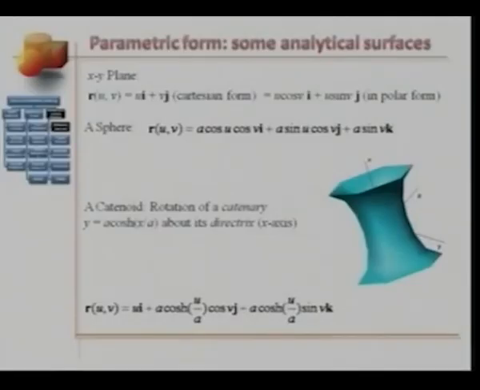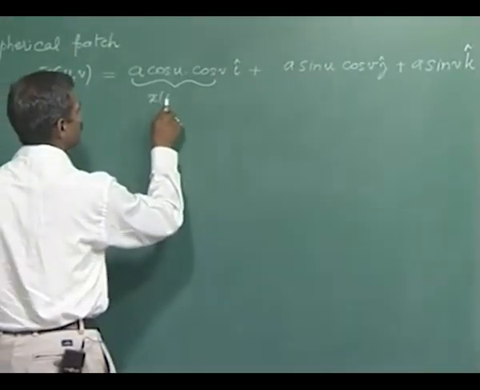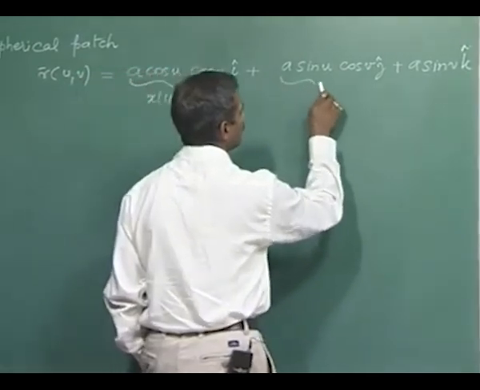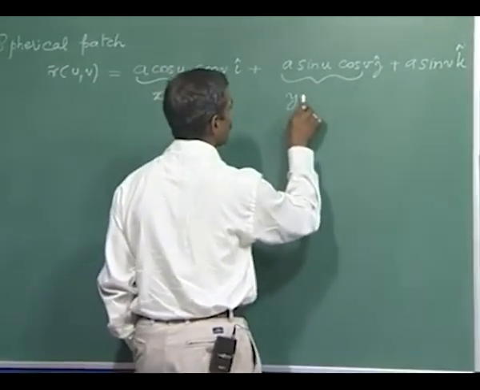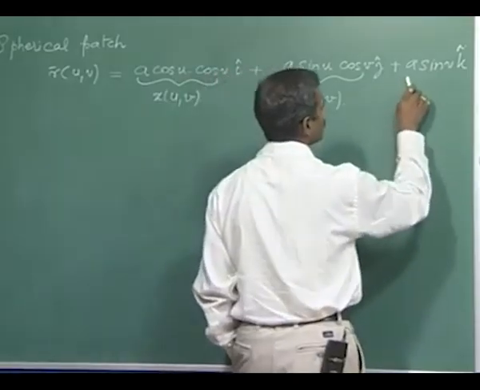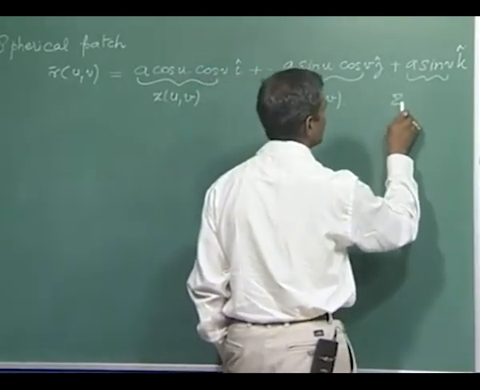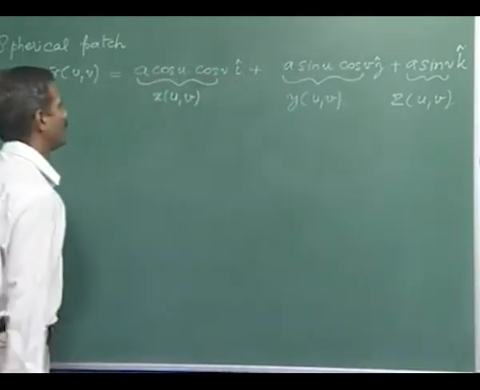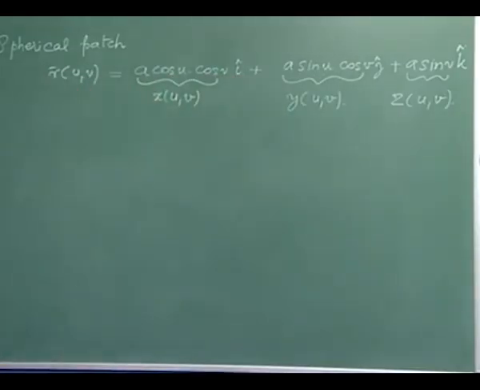So this is x(u,v), this is the scalar field y(u,v), and this one here is z(u,v). Let's compute the tangent at any point.